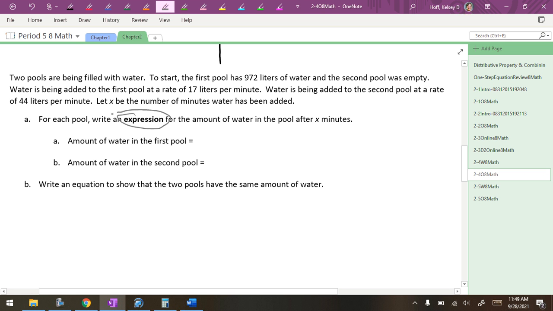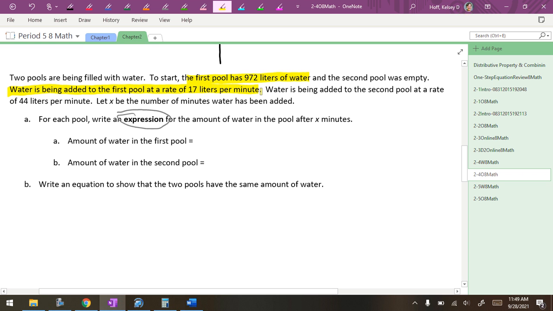So they say, go up in this problem and tell me how I could represent how much water is in the first pool without an equal sign, and how much water is in the second pool. The tricky part about this is they split the information up. The first pool is 972 liters of water, and water is being added at a rate of 17 liters per minute.